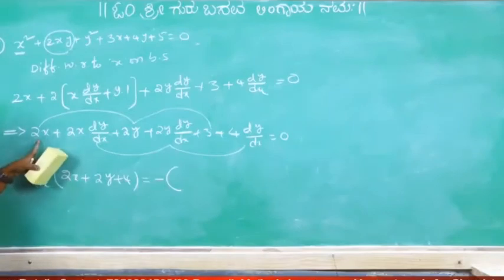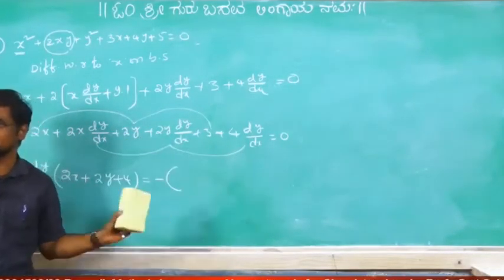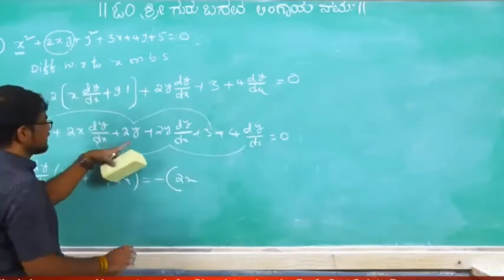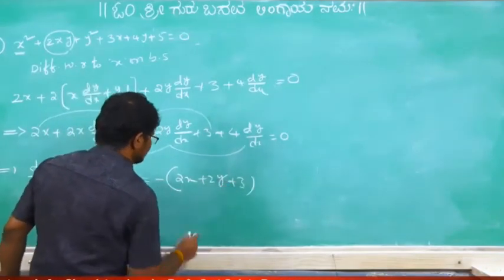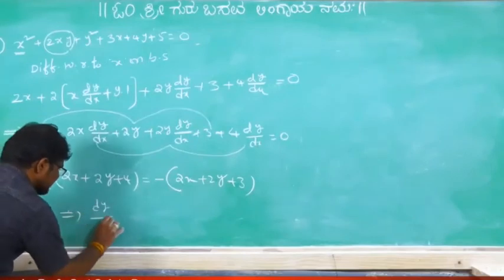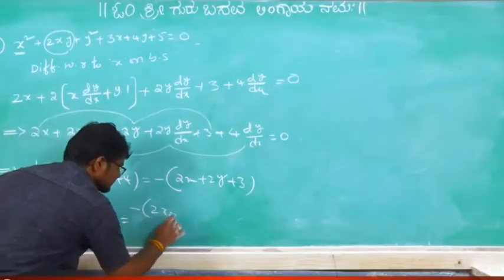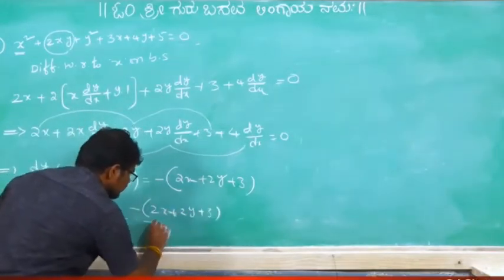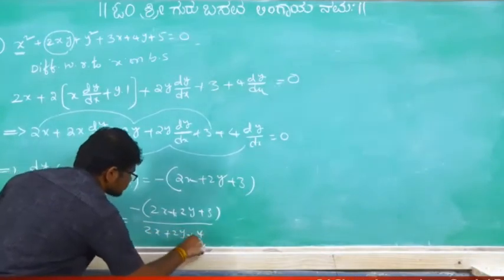This one bring that side, minus 2x minus 2y minus 3. So in that, minus taken common, 2x plus 2y plus 3. Now that implies dy by dx equal to minus of 2x plus 2y plus 3 whole divided by 2x plus 2y plus 4.